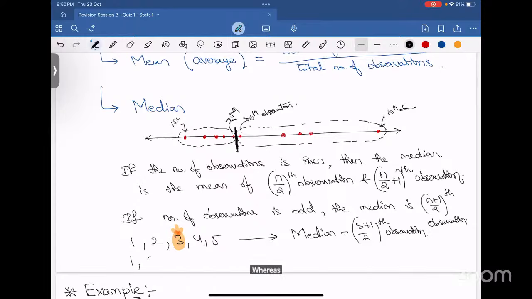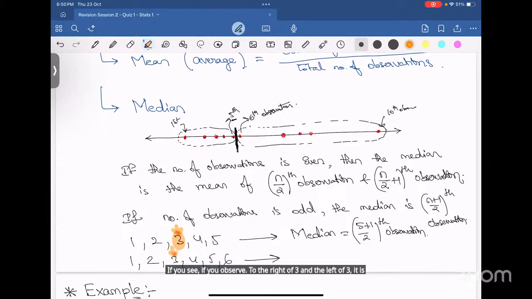Whereas if I have 1, 2, 3, 4, 5, 6, so 6 observations, now if you take 6 by 2, that is 3. But if you say this is the median, to the left of 3 there are only 2 observations, but to the right of 3 there are 3 observations.